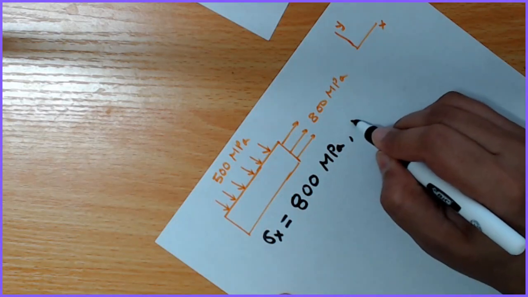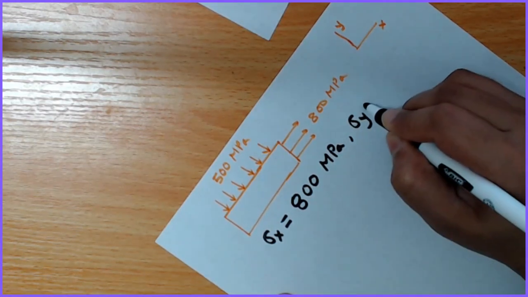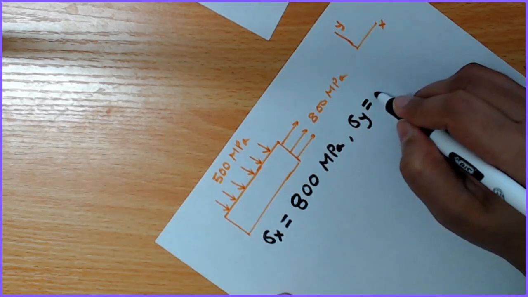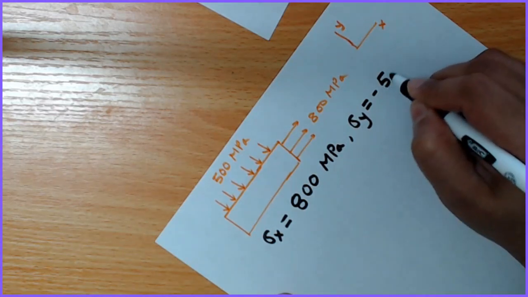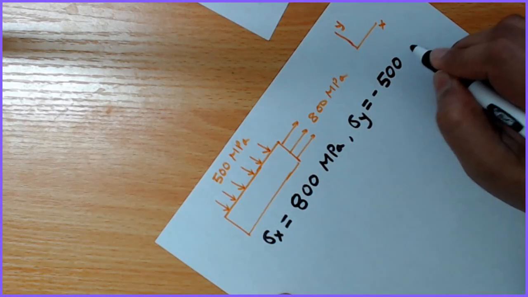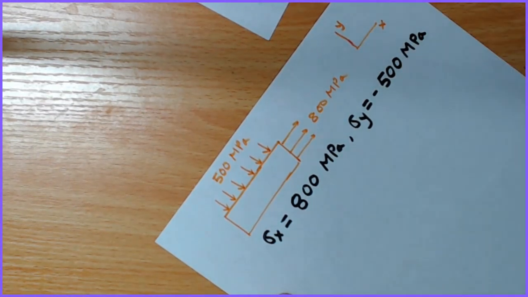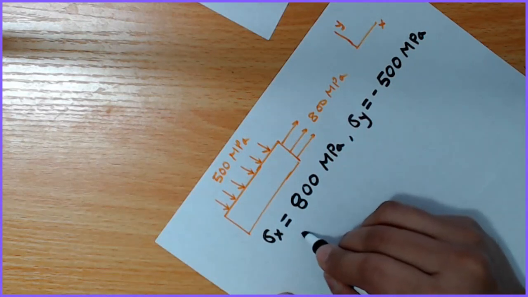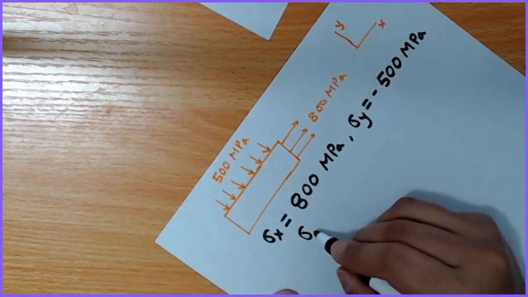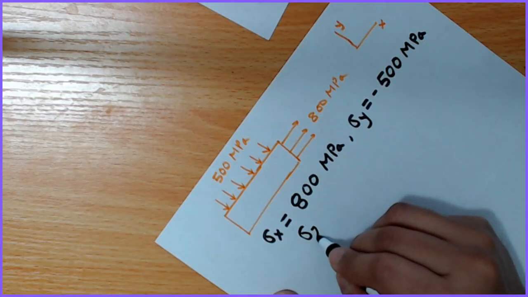And sigma y is minus 500 megapascal. This 500 megapascal actually is used to compress this bar, so that's why it is negative, and we do not have any stress in the z direction, that's why it is 0.